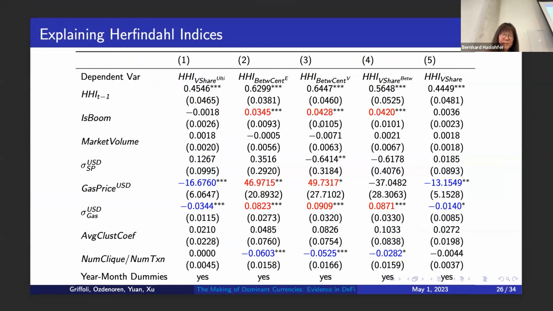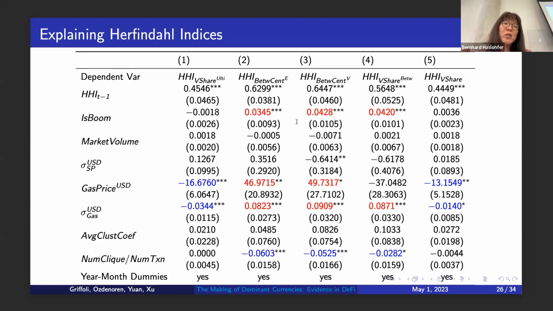During the boom period, you see there's higher concentration for betweenness centrality. Basically this means during the boom, there's concentration of few coins as a preferred vehicle currency.